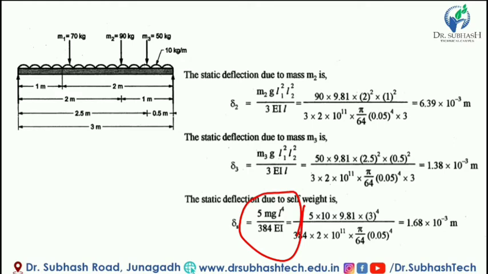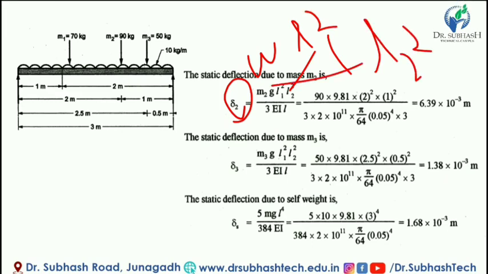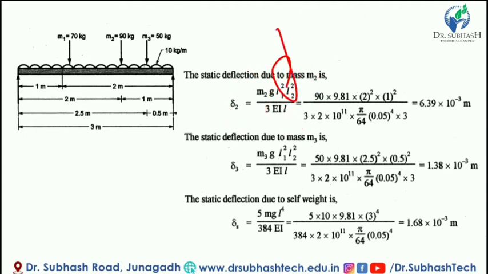When the point load is not at the center of a simply supported beam, the deflection is m2 g, that is W L1 square L2 square upon 3 E I L. L1 is the distance of the point load from the left support and L2 is the distance from the right support. And L is the total length of the shaft or beam.